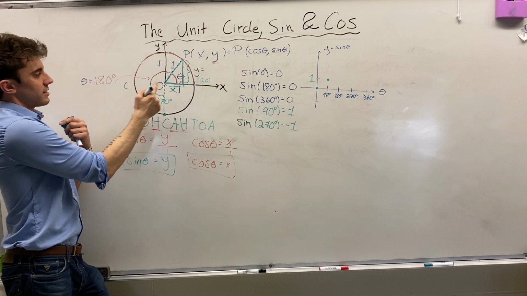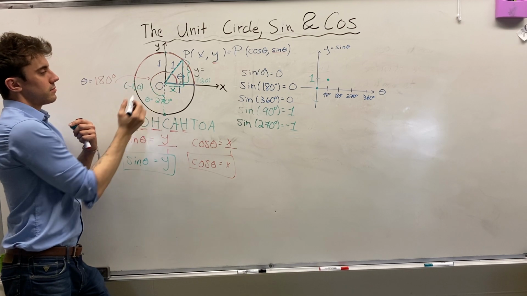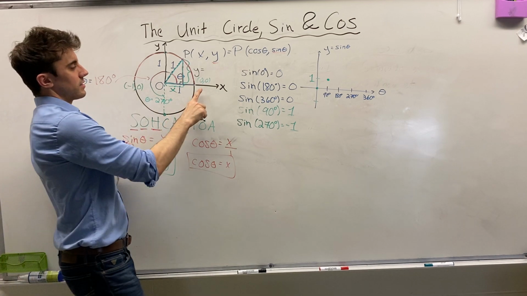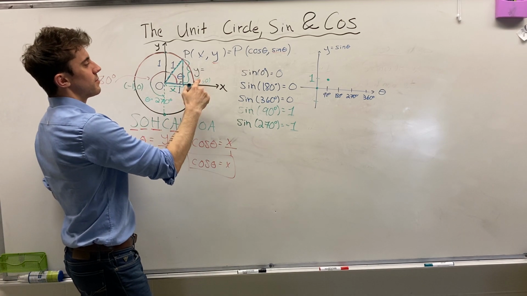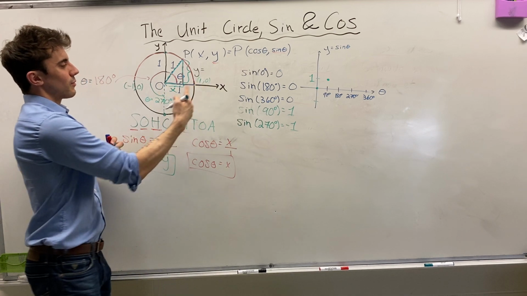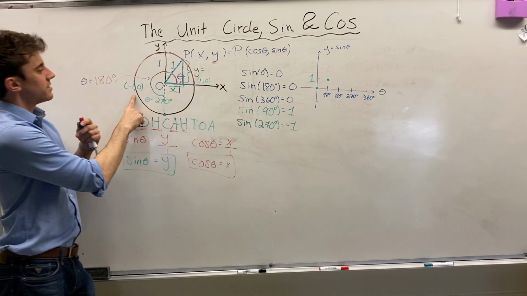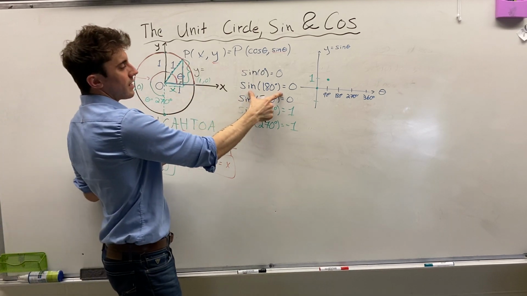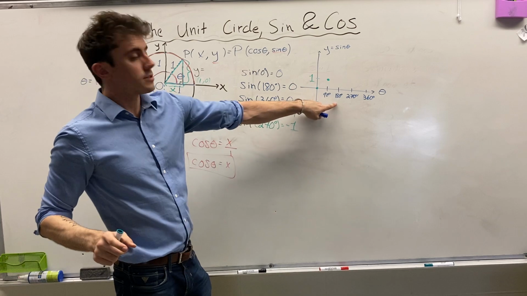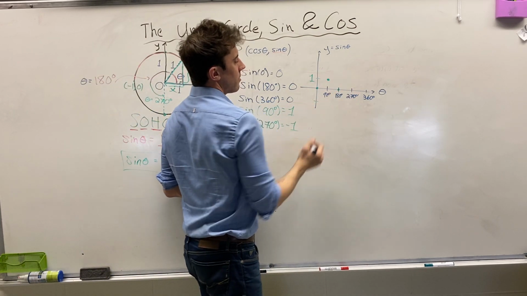Excuse me, this point is not at 0, 0. It is at positive 1, 0, because that's 1 unit away from the origin in the x direction. So 1 and 0, negative 1 and 0. So sine of 180 is equal to 0. So at 180 degrees, sine of theta is back at 0.